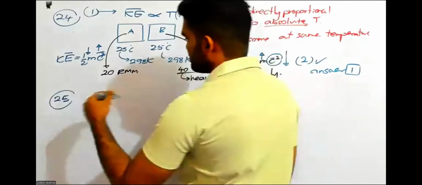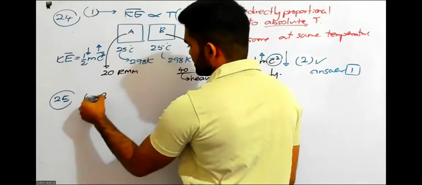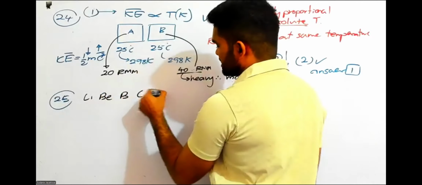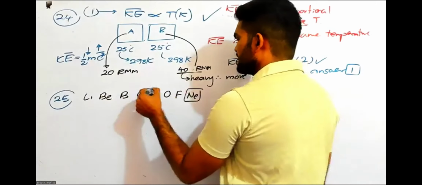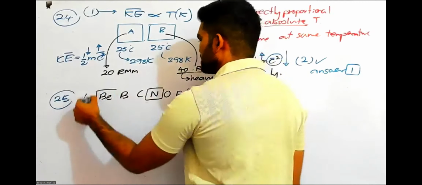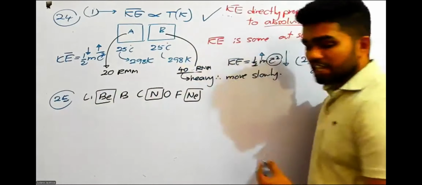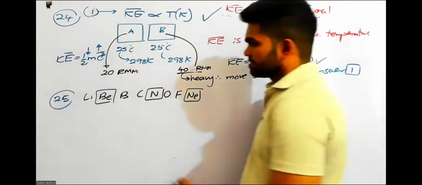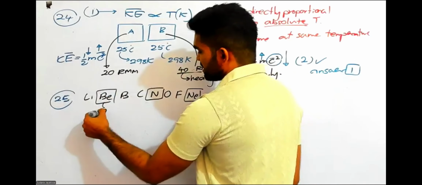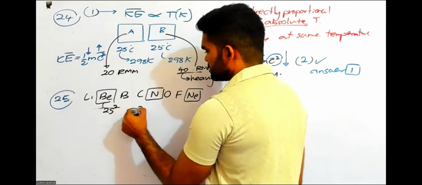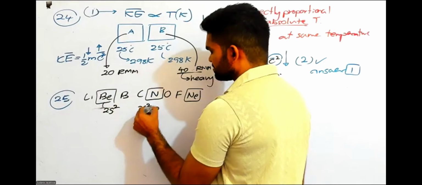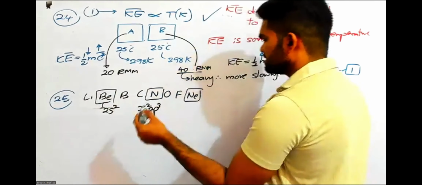So the second period elements are lithium, beryllium, boron, carbon, nitrogen, oxygen, fluorine, and neon. Out of these 8 elements, these 3 elements have stable electronic configurations. Beryllium has the stable 2s2 configuration. This is 2s2 2p3, stable, half filled.